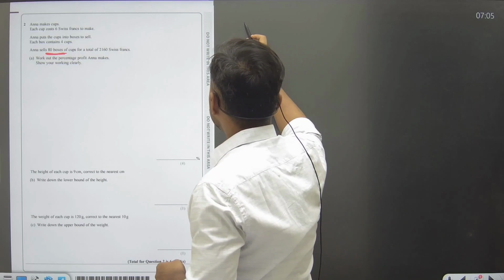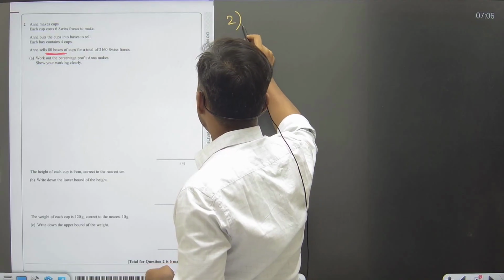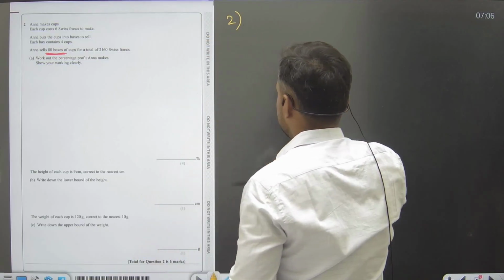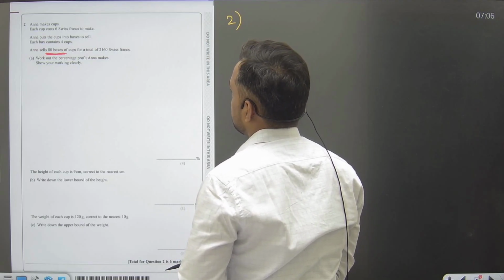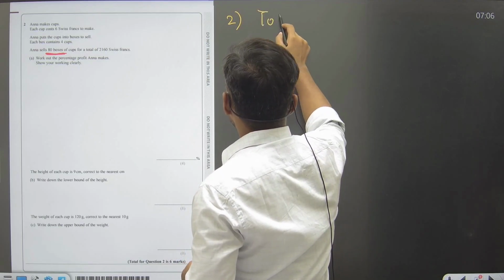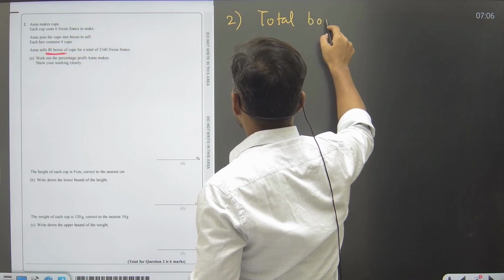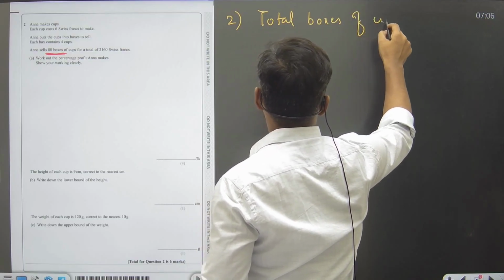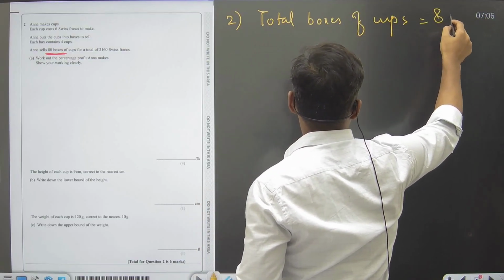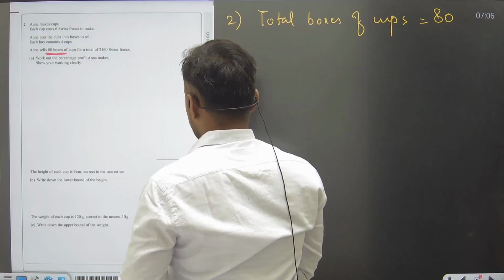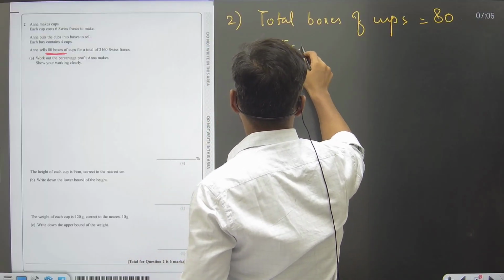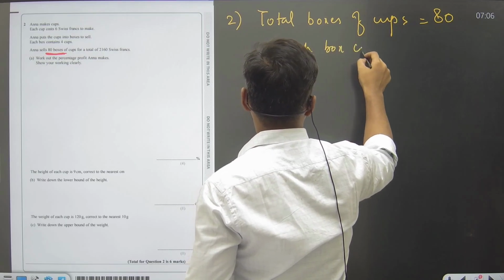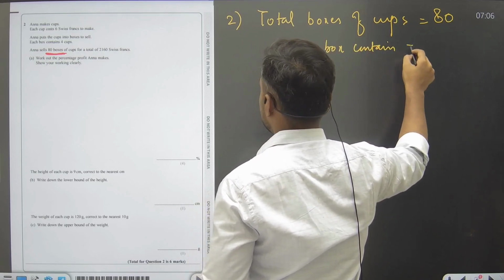So, second, the total boxes of cups is 80. Okay, each box contains, students, 4 cups.